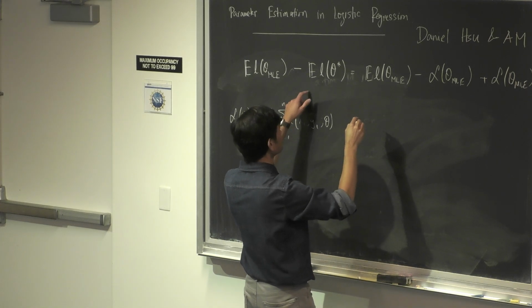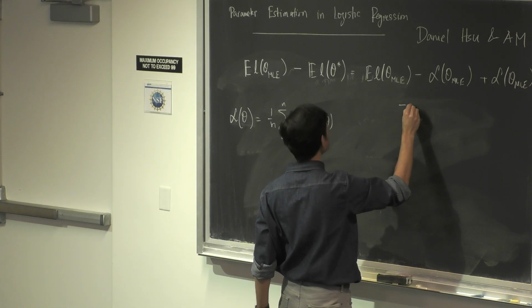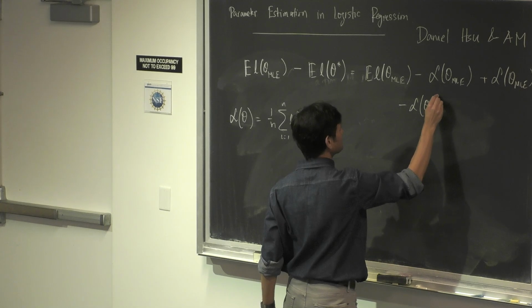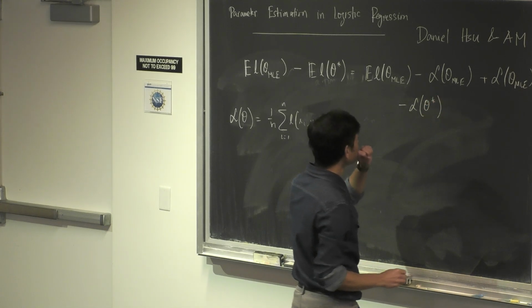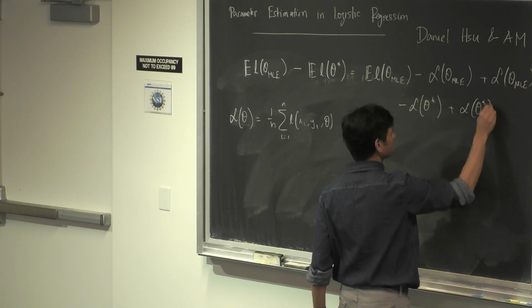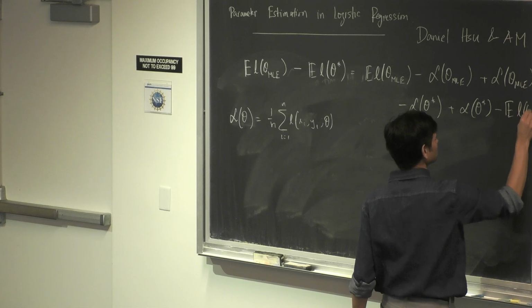And then I have this term. So I will just do minus L theta star plus L theta star minus expectation of L theta.